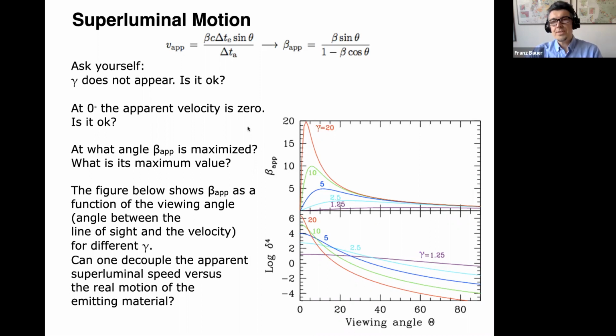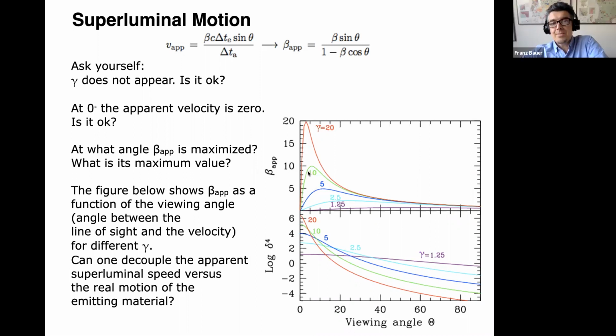Okay, any questions about this? Yes, one fast question. Sure. The maximum in the distribution in beta, the first graph, it follows some law, right?